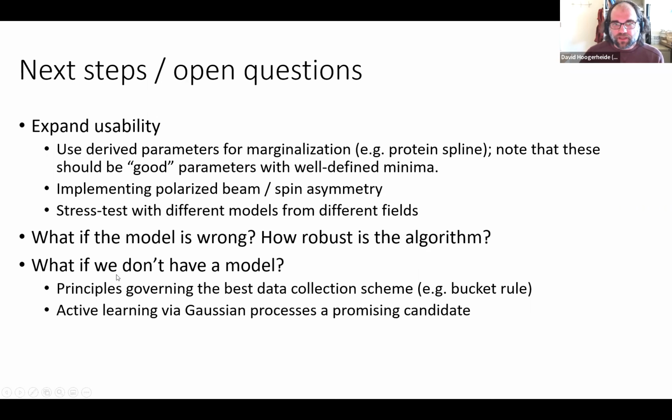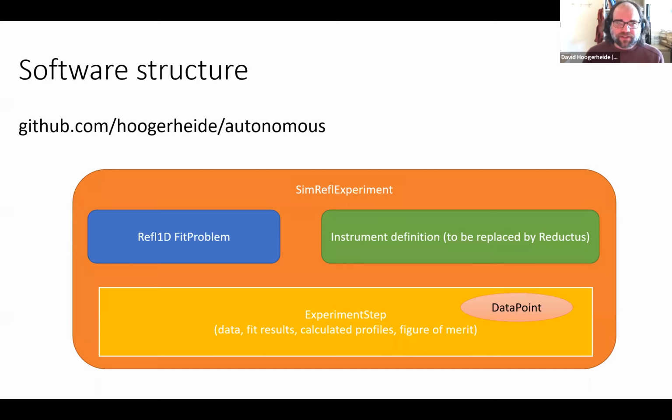Or alternatively, what if we don't have a model? There's a whole effort in this autonomous learning community, especially using things called Gaussian processes, that are a promising candidate for taking data when you actually don't know what you're going to be looking at. Right now, this is out on GitHub.